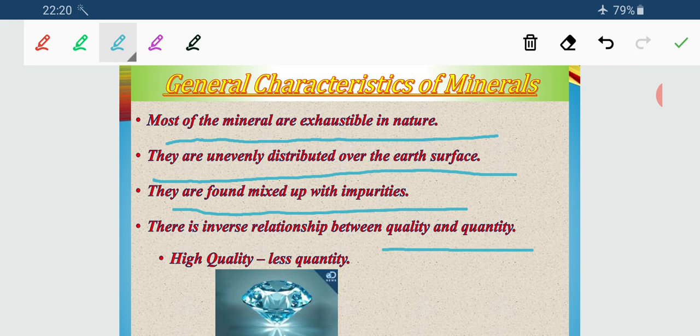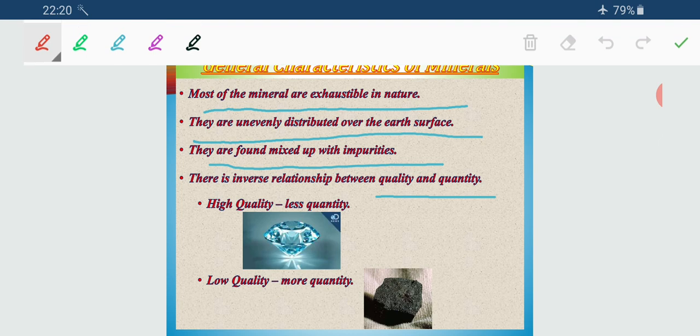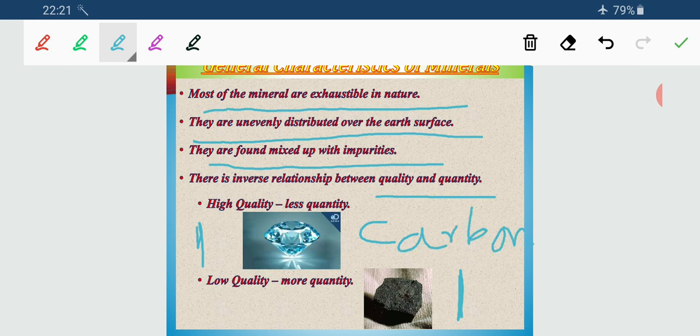Now this one I am explaining by giving one example that is in this picture. You can see this is a picture of a diamond and this is a picture of coal. Now the diamond and coal have the common composition, that is of carbon, isn't it? When both are a part of carbon, this is the inferior part of the carbon, this is the superior part of the carbon.